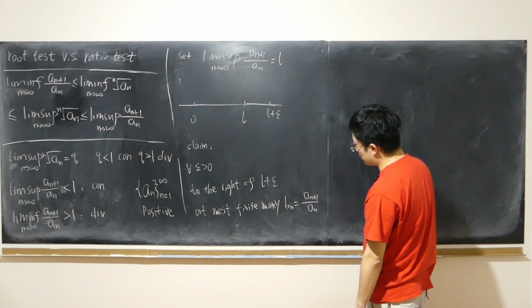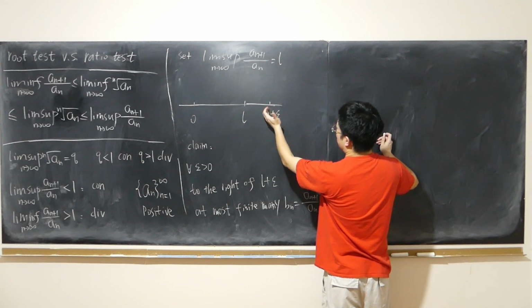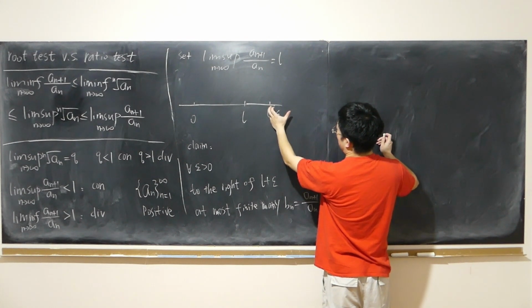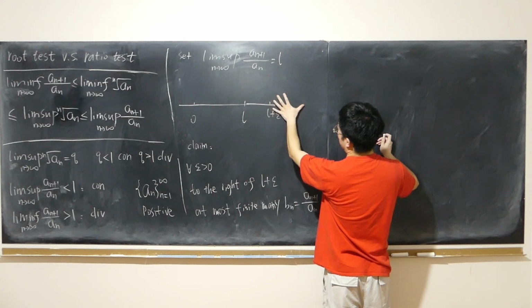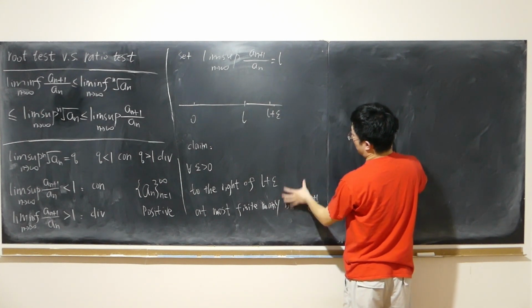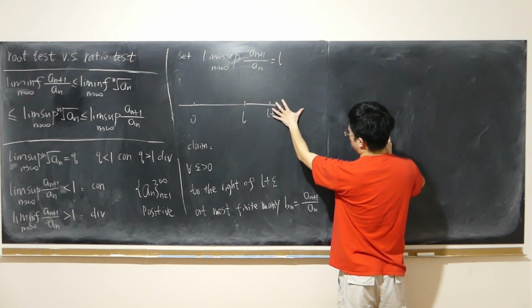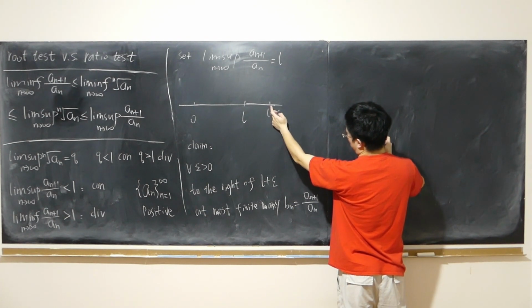Why? Because otherwise, if to the right-hand side of this point we still had infinitely many members of b_n, we would be able to find a convergent subsequence whose limit point has a value greater than or equal to this point.